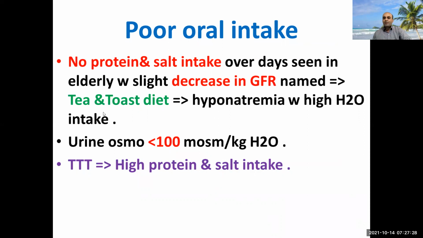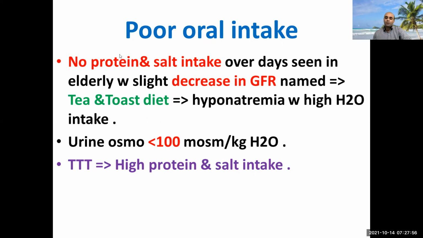It is named the tea and toast diet. Hyponatremia with high water intake. This patient just takes water and tea and toast without any salt, without any protein. This leads to hyponatremia, especially if the patient has low GFR.